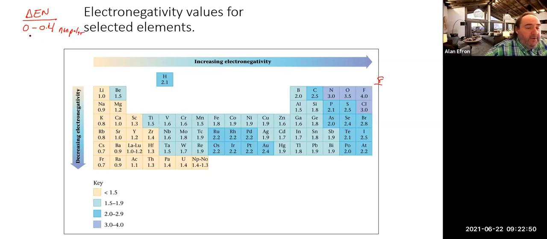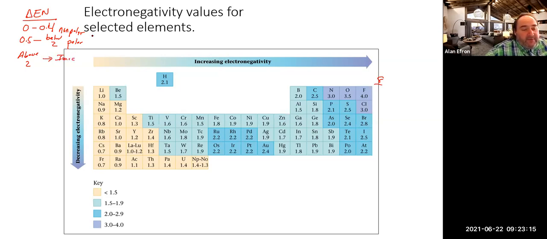Now, if you go above 0.4, we'll call it 0.5, really above 0.4 to below 2, that is what is usually considered a polar bond. And usually if you find yourself with a difference of above 2, not 100% of the time is it perfect, that is an ionic bond.